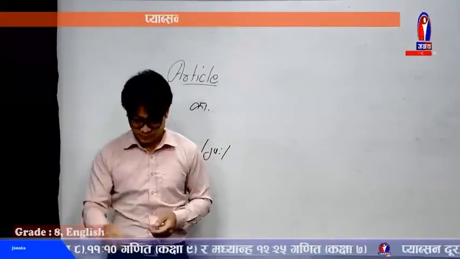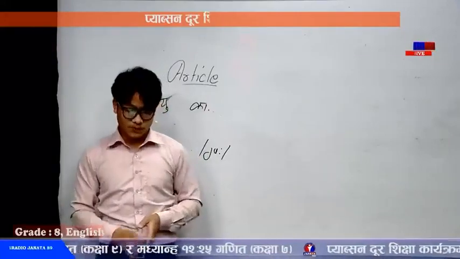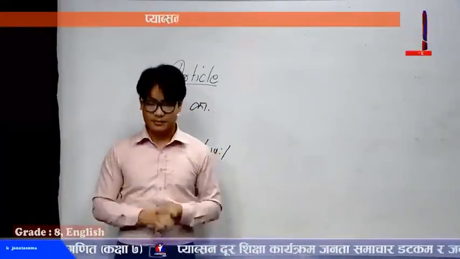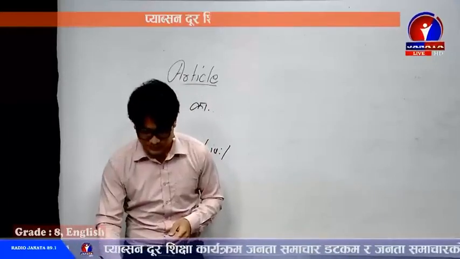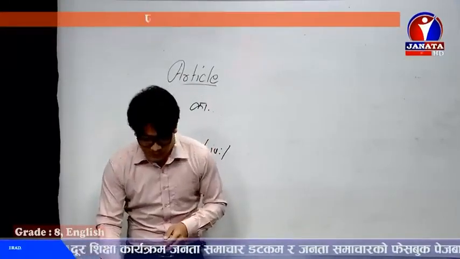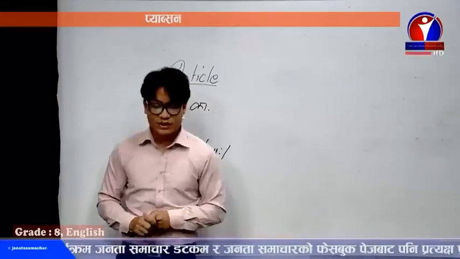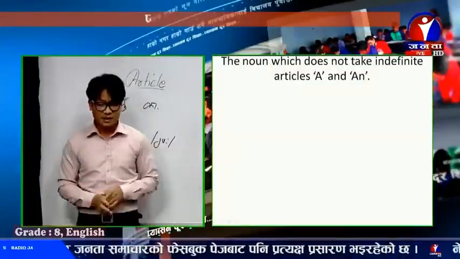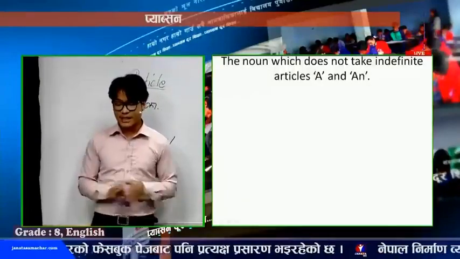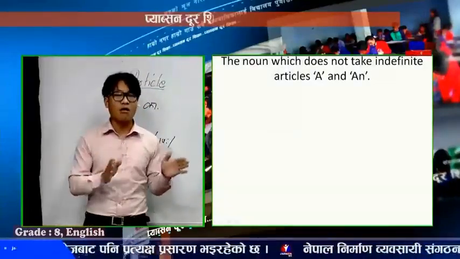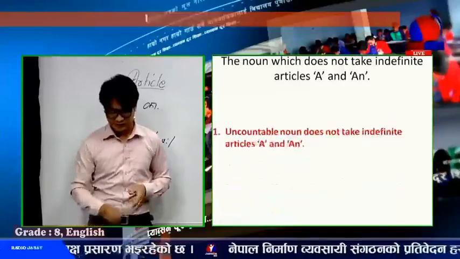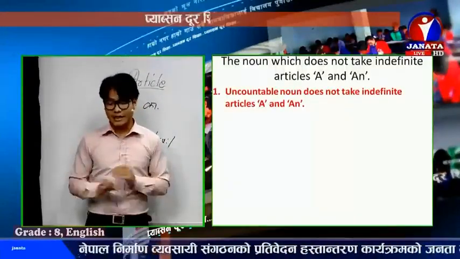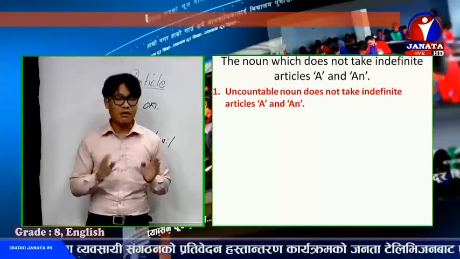Now it's the time to use the definite article the. So here we will discuss, first of all, the nouns which do not take the indefinite article a and an. Uncountable nouns do not take the indefinite article a or an.